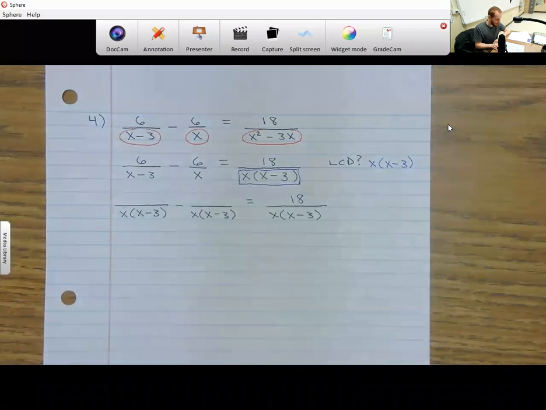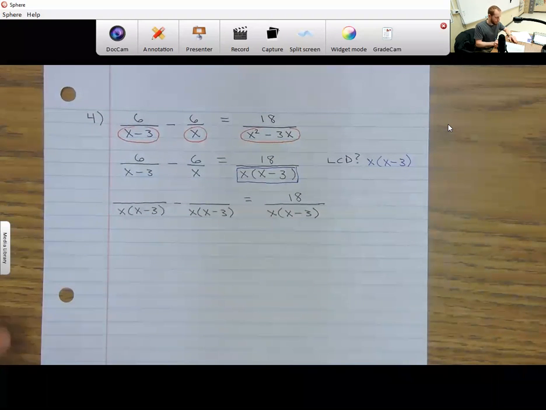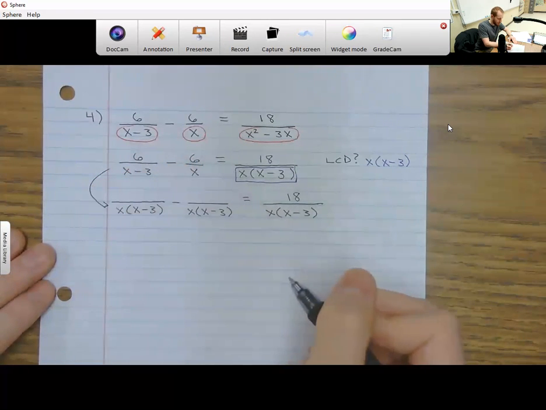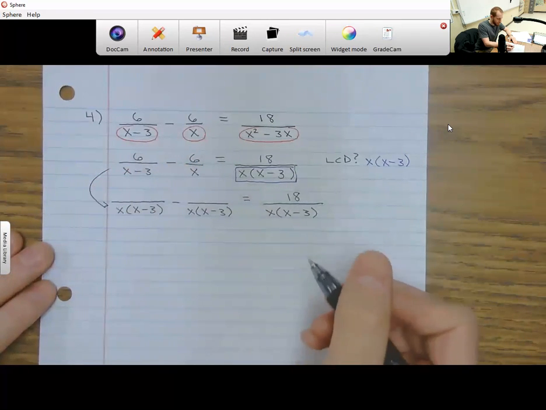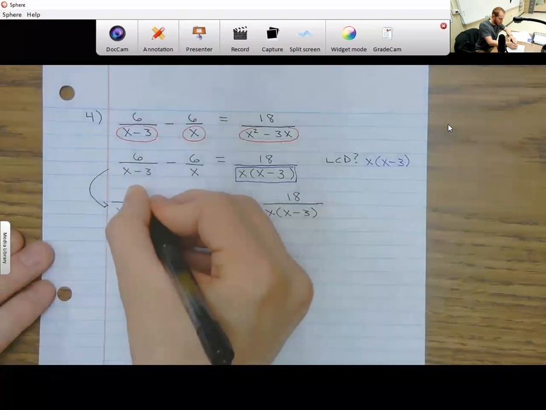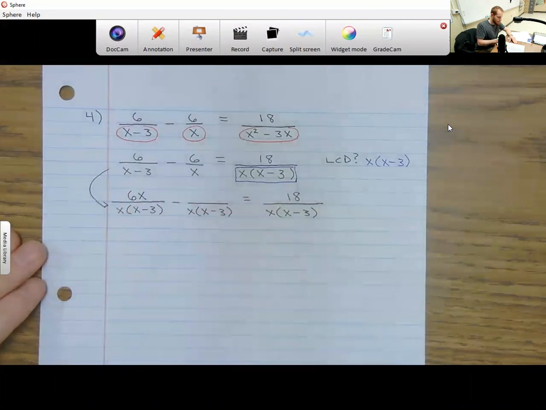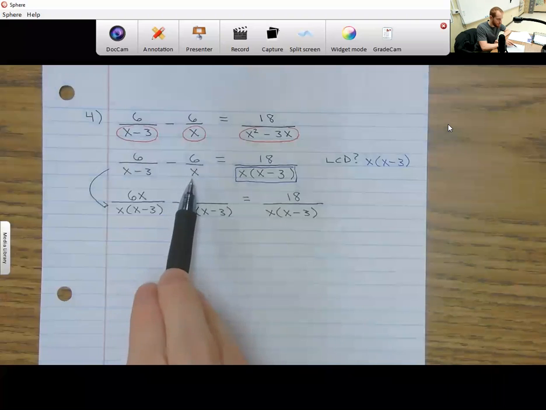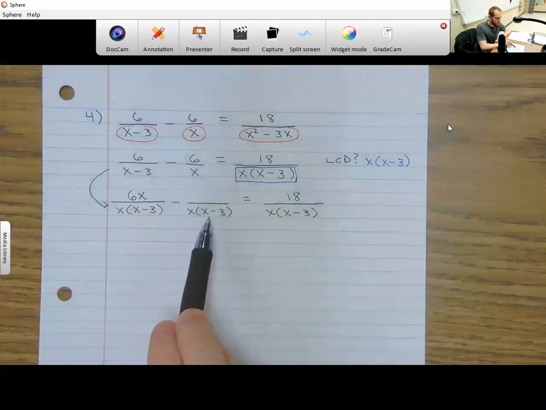But the first two fractions, I will have to change the numerators. So how do I get from x minus 3 to x times x minus 3? I would have to multiply by x. So at the top, I'm going to have 6 times x. Over on this fraction, what did I multiply by to get from this to this?